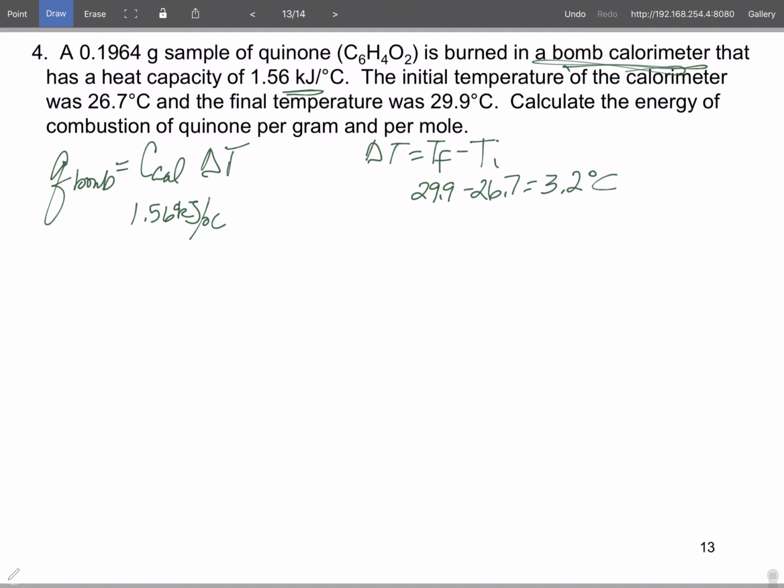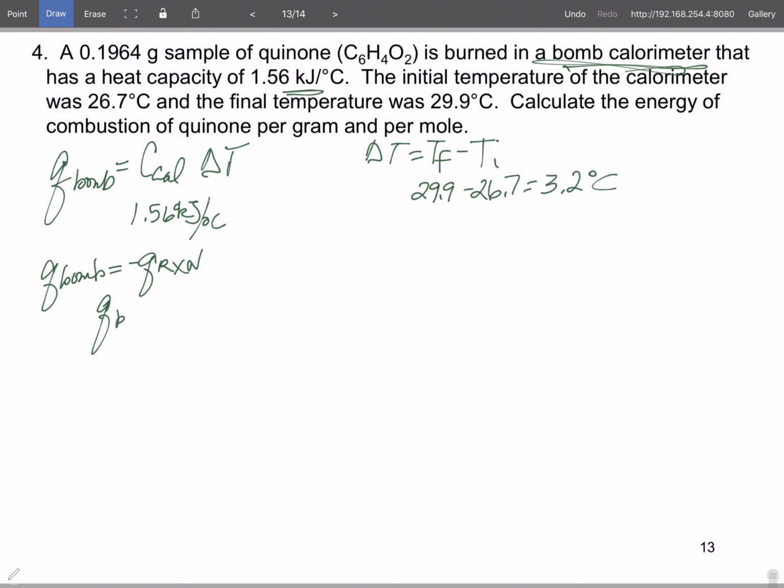Okay. So we're going to start with Q of the bomb is equal to minus Q of the reaction. Okay. So we're comparing one to the other. So let's solve for the bomb first.